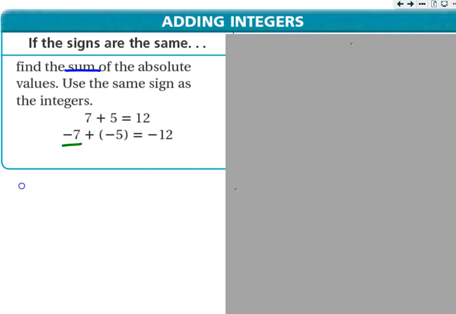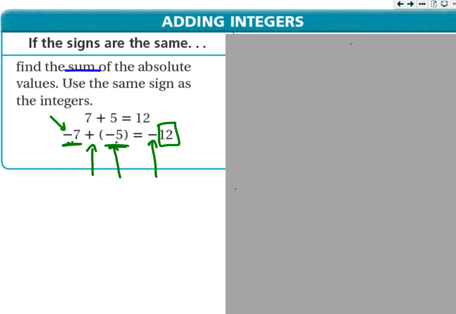Notice they are the same sign, and you're adding two same sign numbers, negative and a negative. Again, you just add the numbers together, 7 and 5, giving you 12, and whatever same sign you have, which is our negative, just goes to your end result.